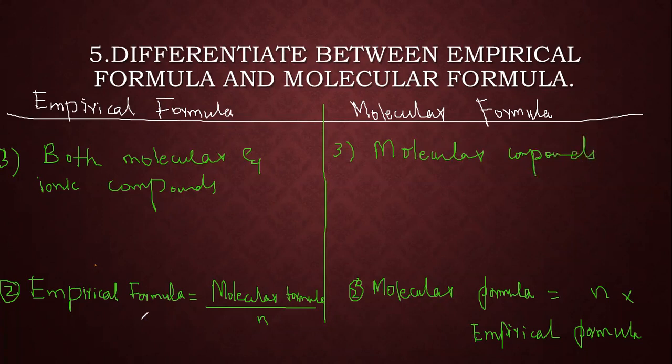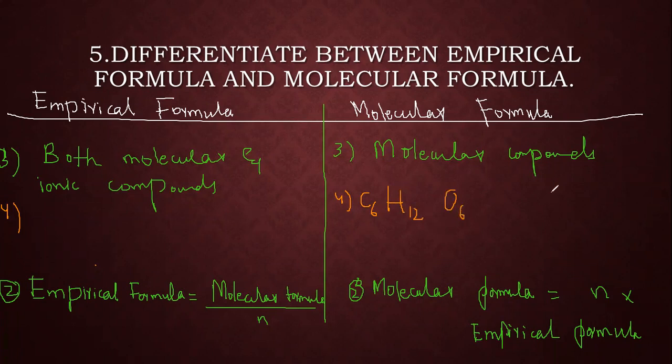Now, there must be an example. CH2O. For example, I am taking the glucose example. The molecular formula of glucose is C6H12O6.